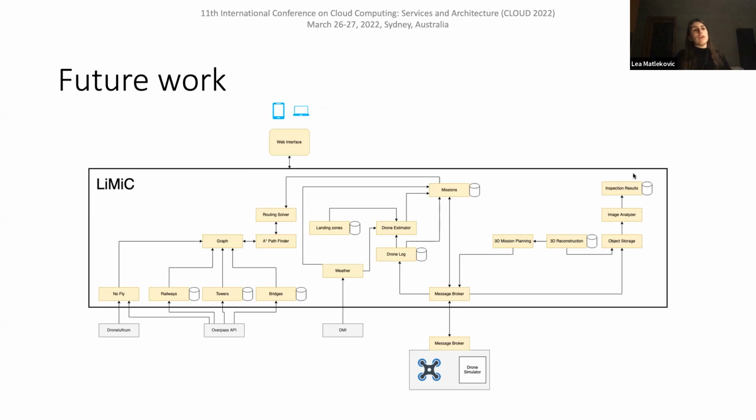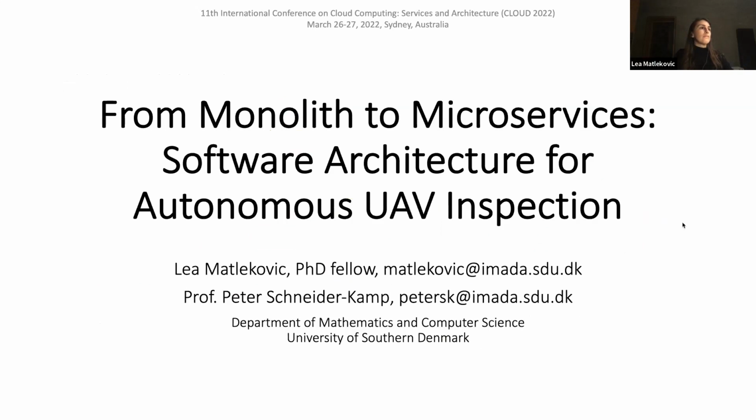Here we also have services for analyzing images and storing inspection results. Here we can include the weather and maybe avoid planning routes if it's raining or if the weather is not suitable for flight. And that would be it from my side.